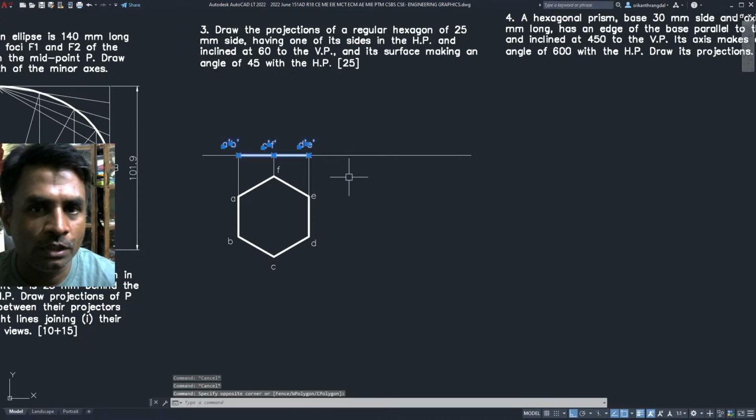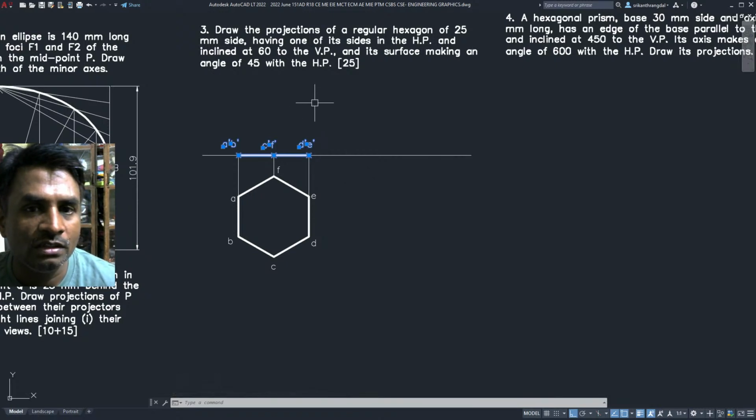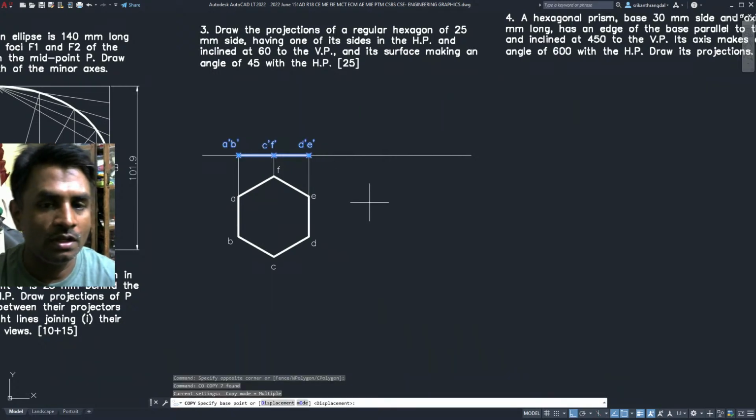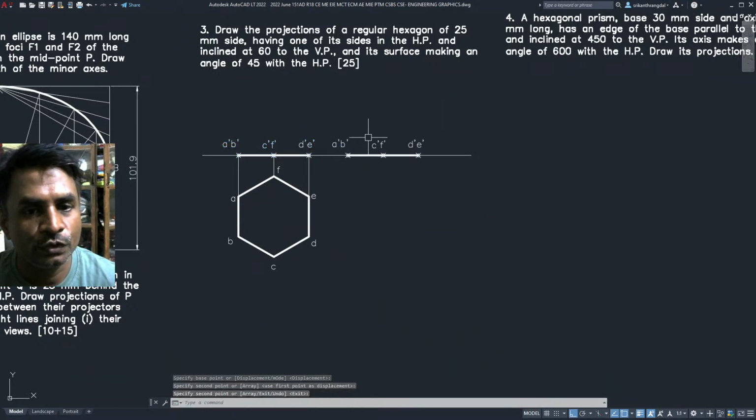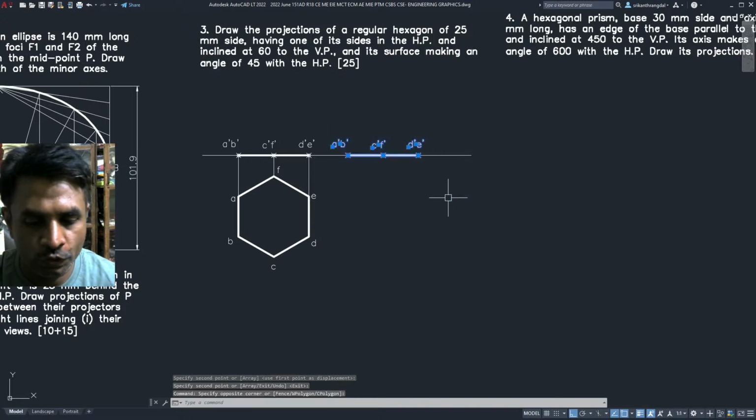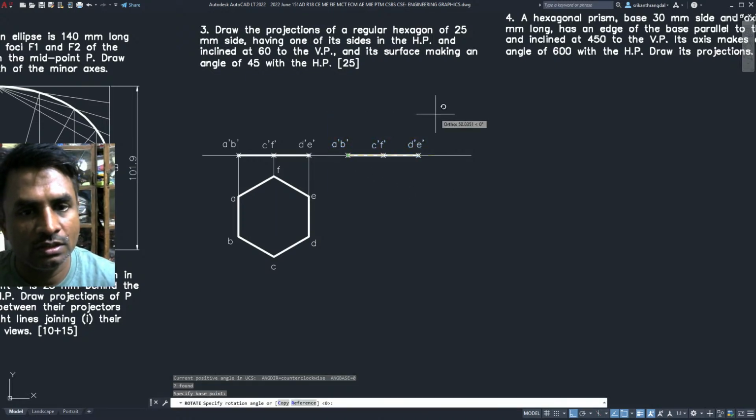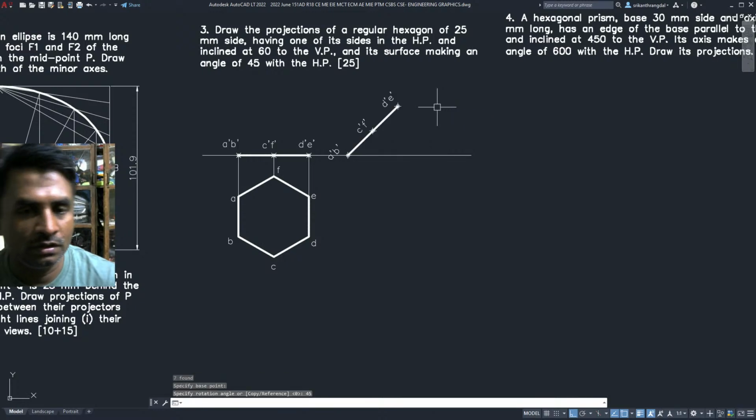So now we need to redraw the front view in such a way that the surface inclination with HP is going to be 45 degrees. So we do the same view, and we need to incline it 45 degrees.